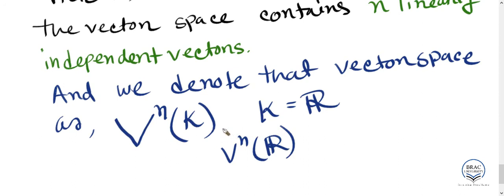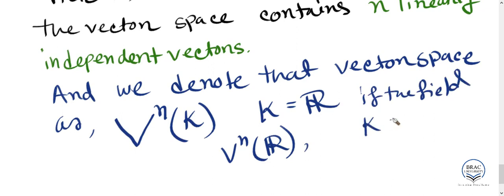And if the field K is the field of the complex numbers, we write it as V of n C. It's called a complex vector space. So the elements that are coming from the field are complex numbers.